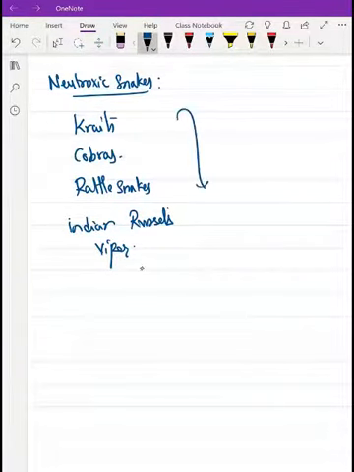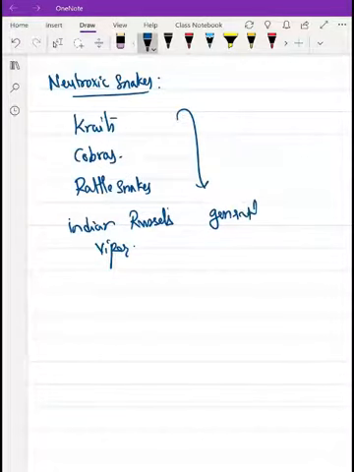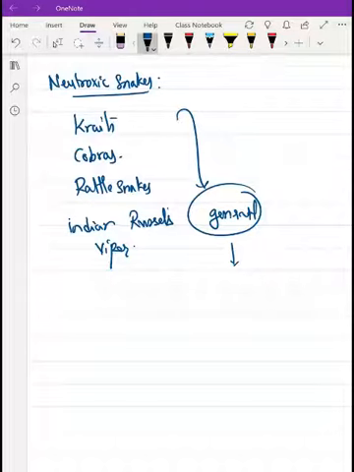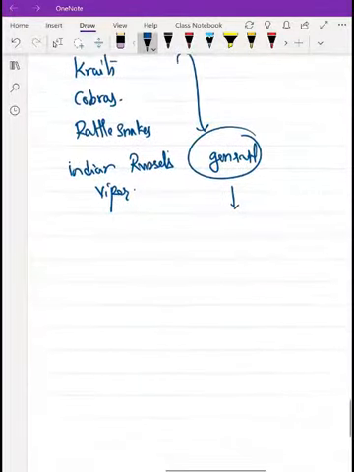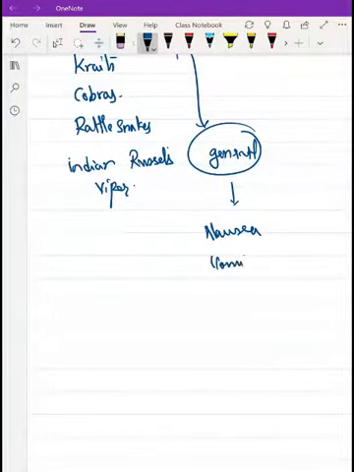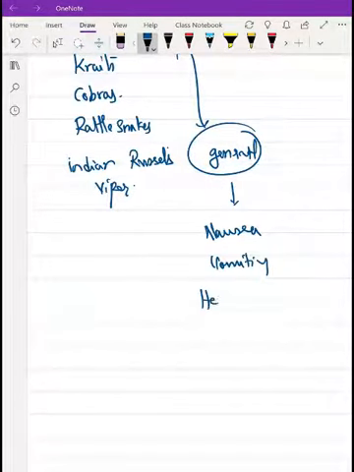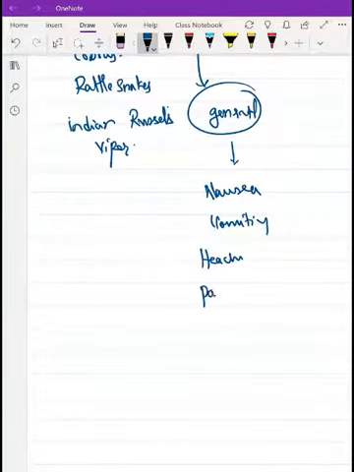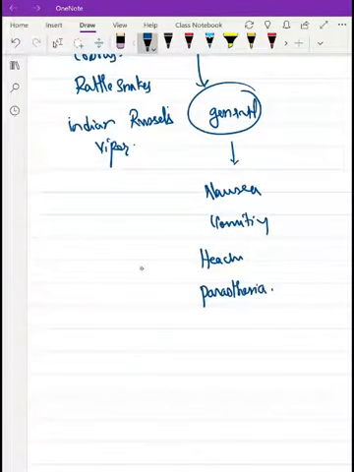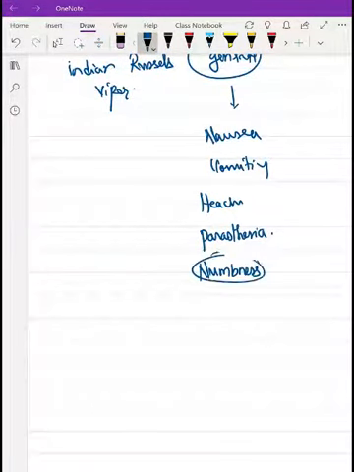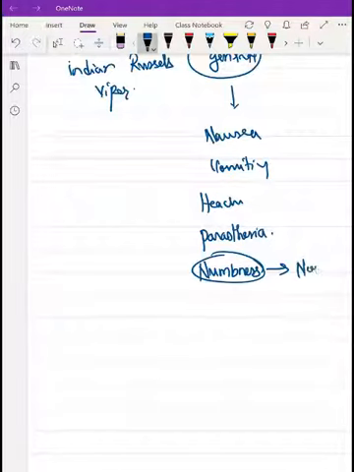General symptoms include what we see in movies. We see the hero or heroine or villain gets bitten by a cobra. What will you get first? Nausea, vomiting, headache. Paresthesia is due to involvement of nerve, and numbness. Here, numbness is due to nerve involvement.